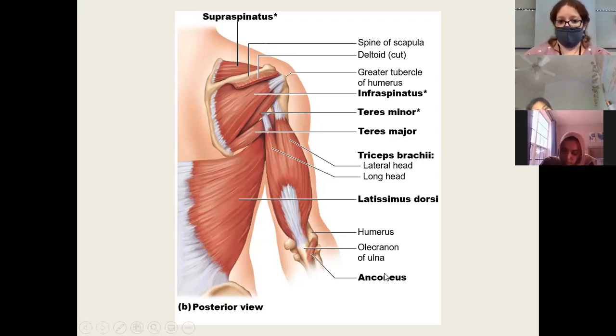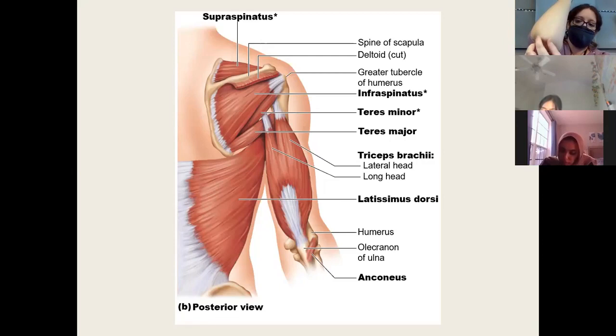There's that latissimus dorsi again. I'm not going to test you on this, but there's the anconeus that helps support the structure of the olecranon. Remember, the whole reason that when you hit your elbow it hurts is that you actually have an area in between the bones that is not protecting the nerves.